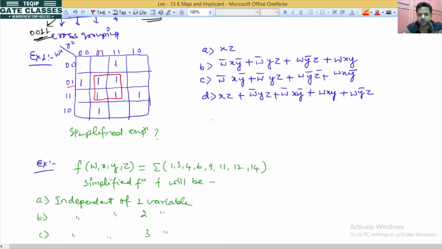First we try octet, then quad, then pair, then single term, and then we remove the redundant term. One pair you can group like this, one more pair is there, and one more pair. So in total there are 4 pairs.